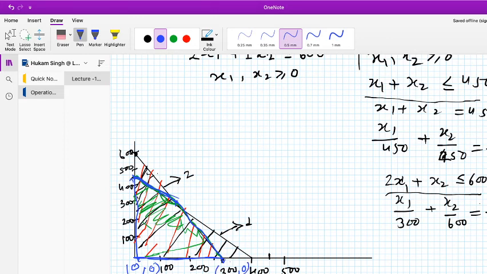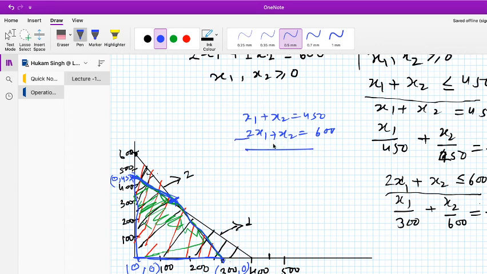The next corner value is 0, 450, okay, and this is the intersection point of two lines, okay. So this value we have to find out by solving two equations. The two equations are x1 plus x2 equals 450 and 2x1 plus x2 equals 600, okay.